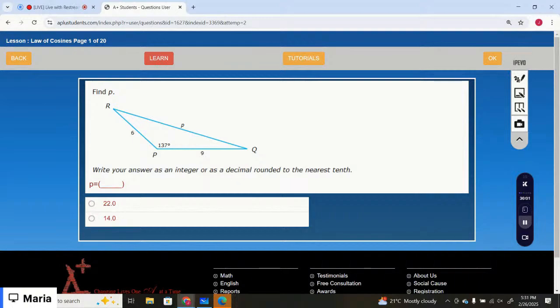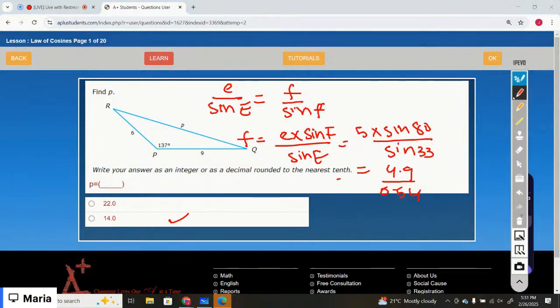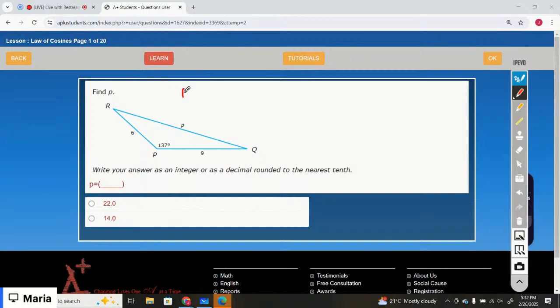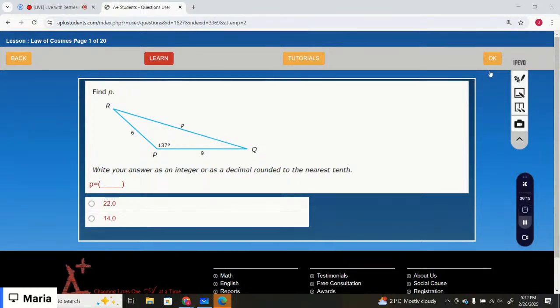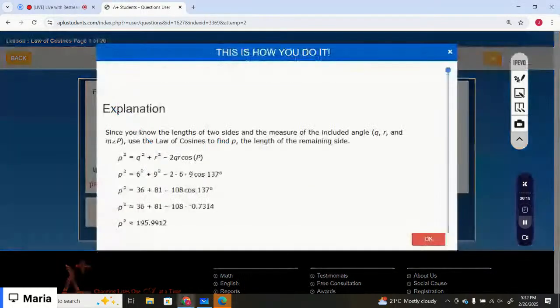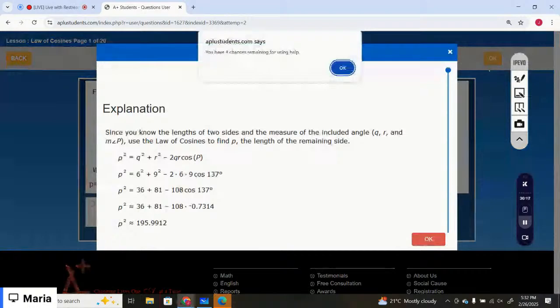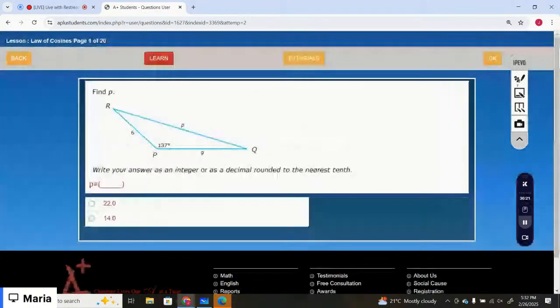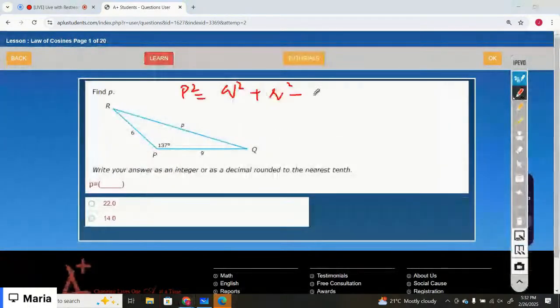Find P. You need to find P. So then you have to use the cosine law, that is P square equals Q square plus R square minus 2QR cos P.